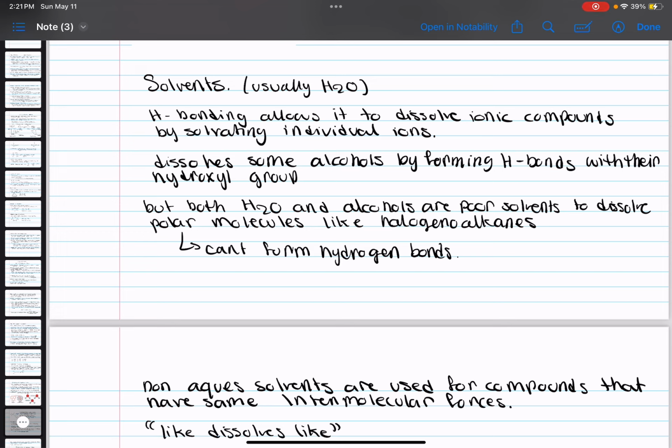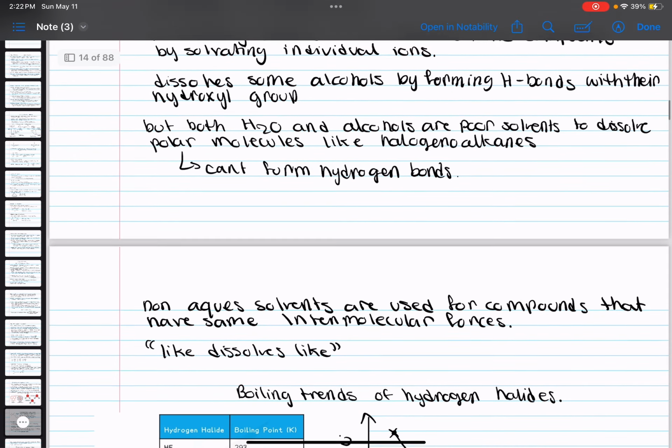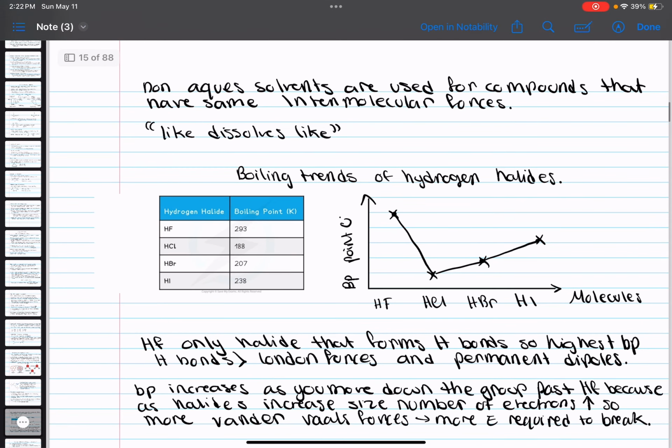But both H2O and alcohols are polar solvents, which dissolve polar molecules; they cannot dissolve halogenoalkanes, as these cannot form hydrogen bonds. Then we have non-aqueous solvents, which are used for compounds that have the same intermolecular forces. This is also well known as like dissolves like.